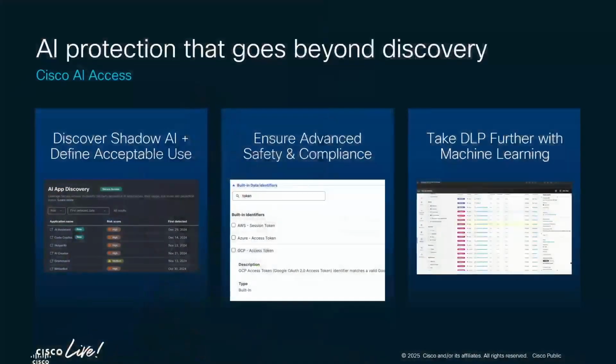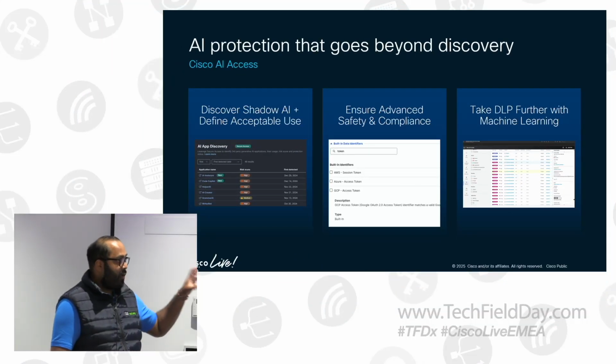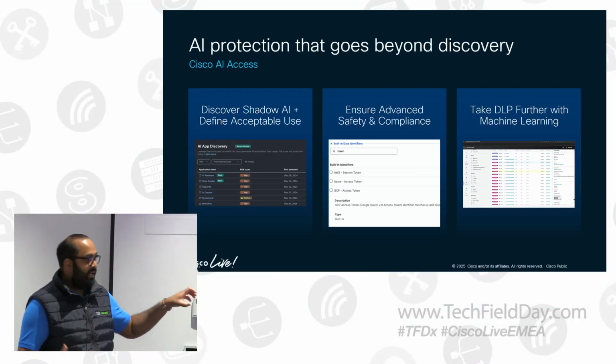So I know we've spent some time talking about ZTNA and how to give access to resources, but there are some extended challenges that we're seeing as customers are adopting security service edge products that include ZTNA, which is around AI and how to manage and use AI.